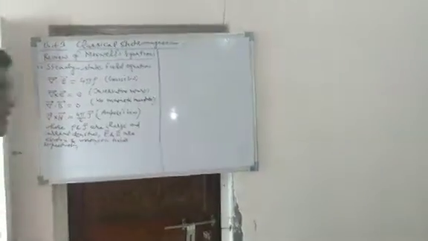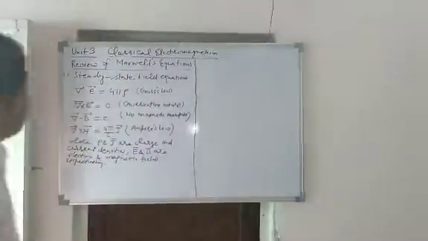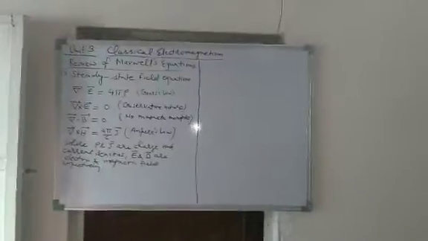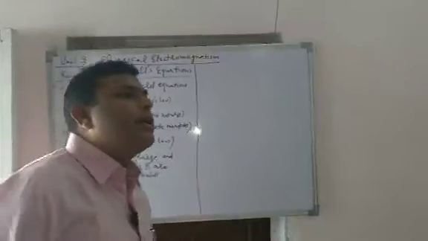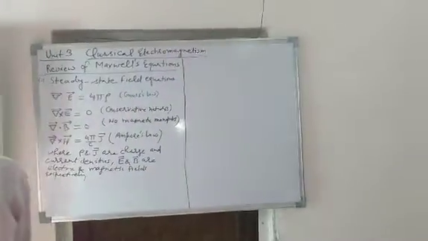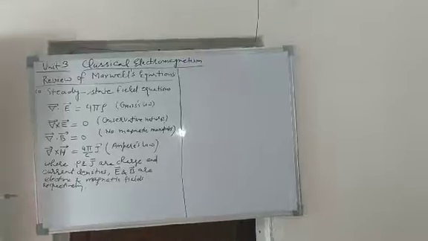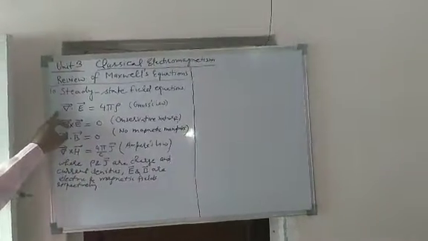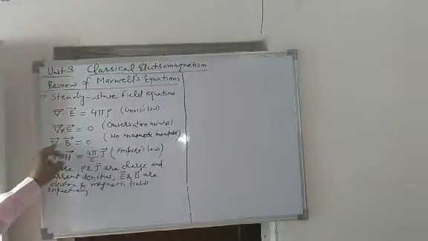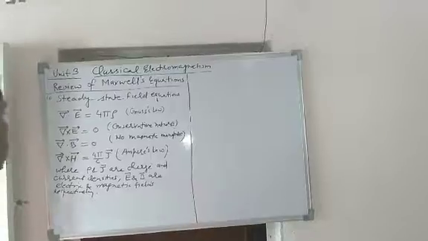Then, because the electric field is conservative in nature, electric forces essentially being conservative, the electric field should be irrotational, and that means curl of E should be 0. Similarly, the analog of Gauss's law in magnetism is divergence of B equal to 0.